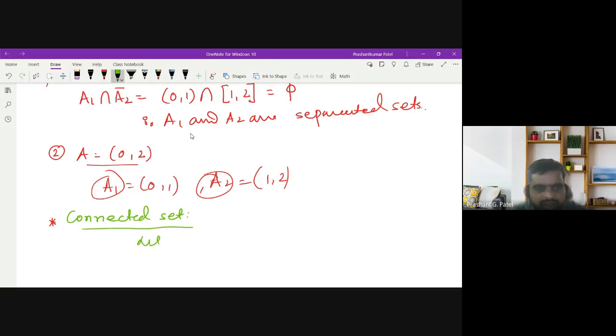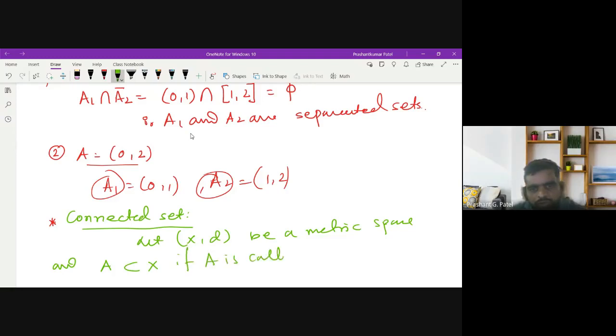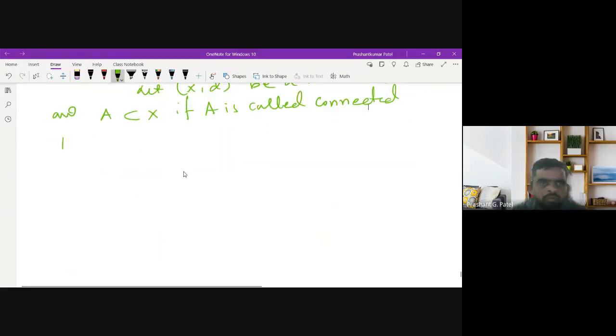Let (X, d) be a metric space and A be a subset of X. A is called connected if A has no separation.